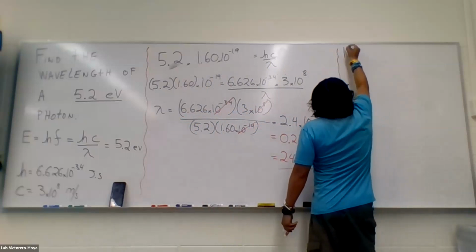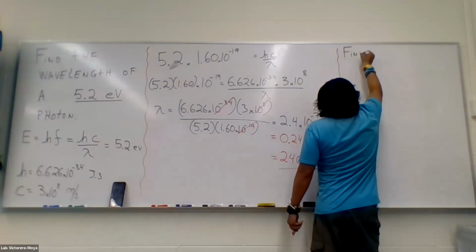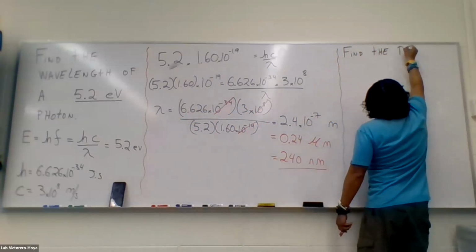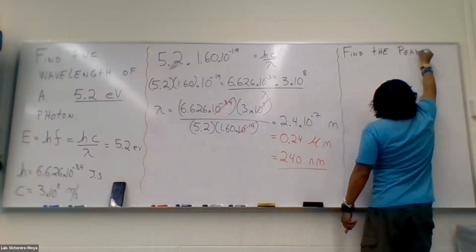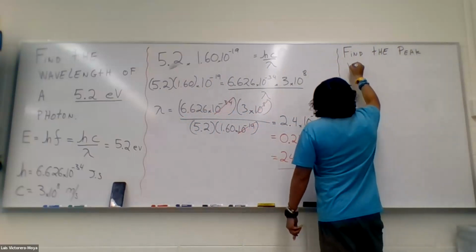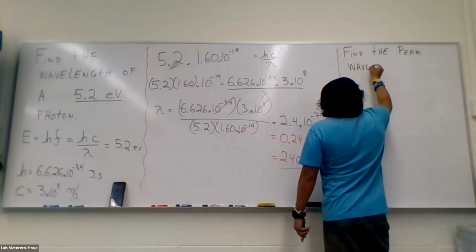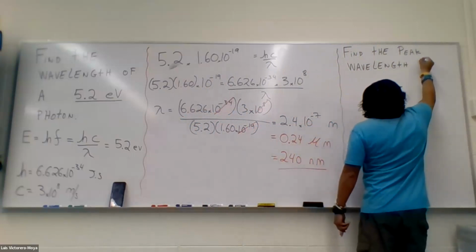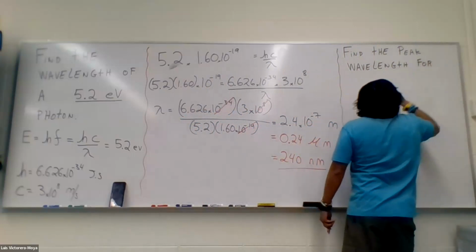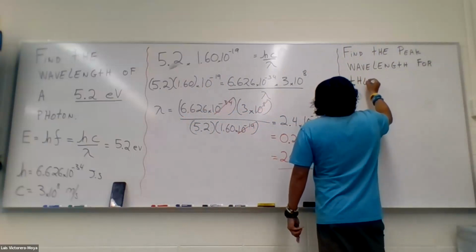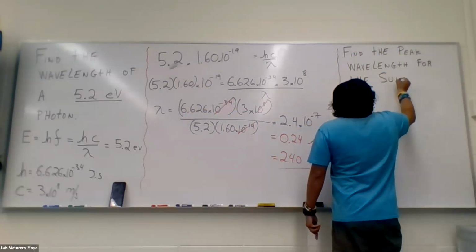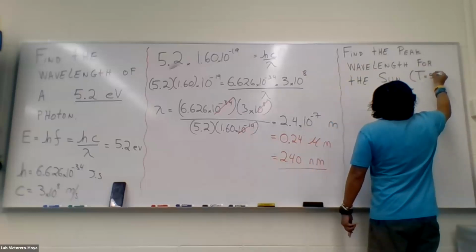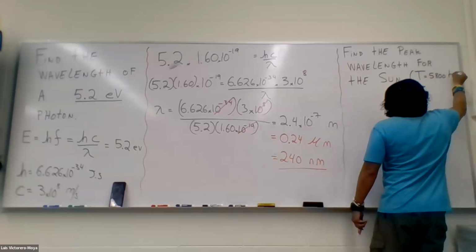So find the peak wavelength for the sun, which has a temperature of 5800 kelvins.